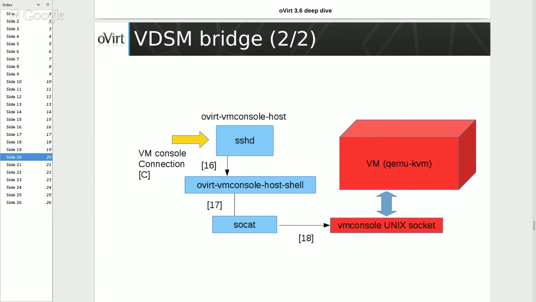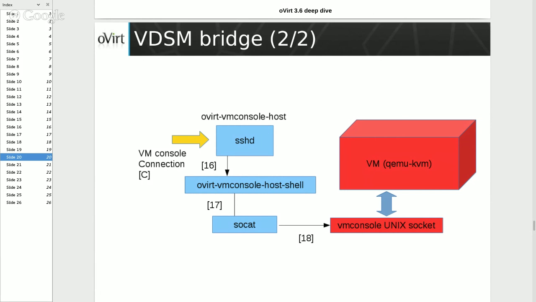When a connection happens, the oVirt VM console host shell is executed, and the console ID is passed. The oVirt VM console host shell receives this console ID, which of course is related to the VM ID.